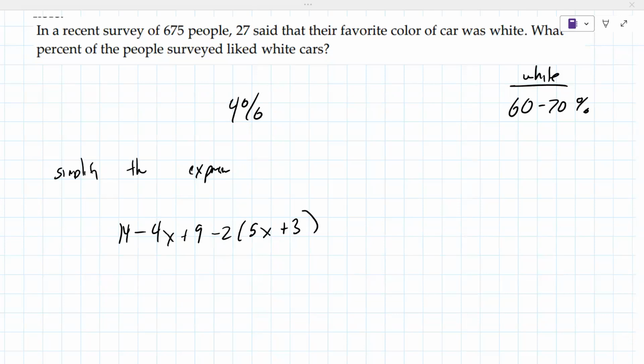Negative 9x minus 24. Okay, so after you distribute the negative, it's minus 10x minus 6. Do you want to change your answer?